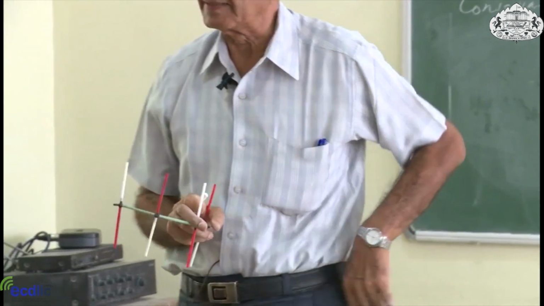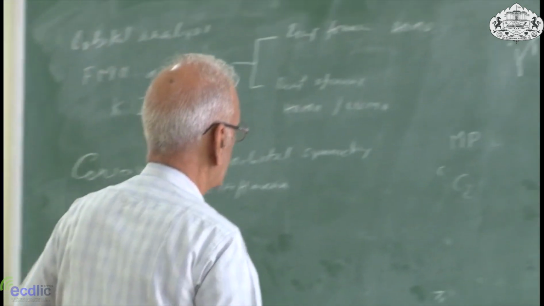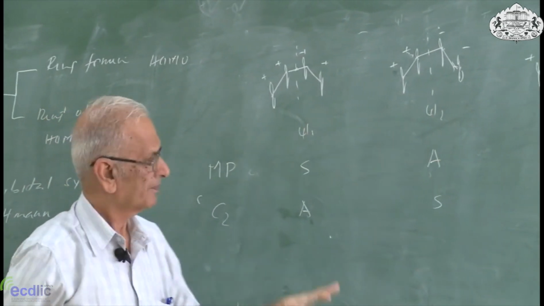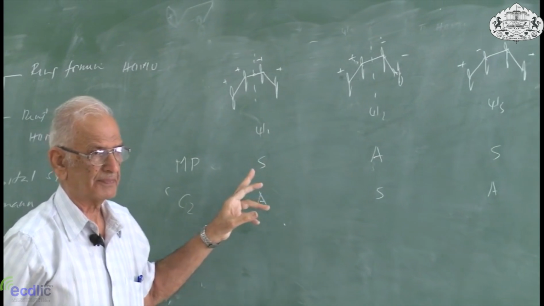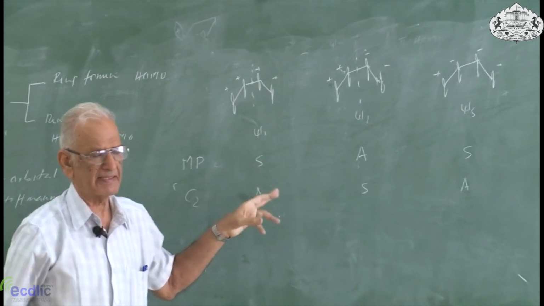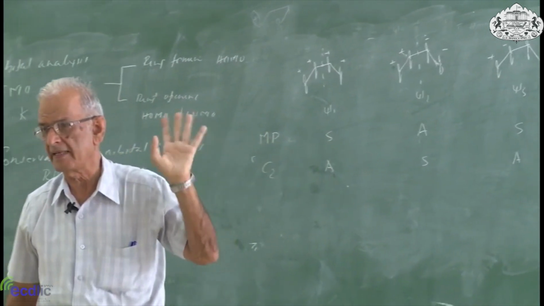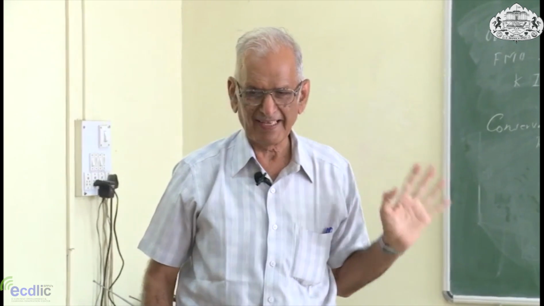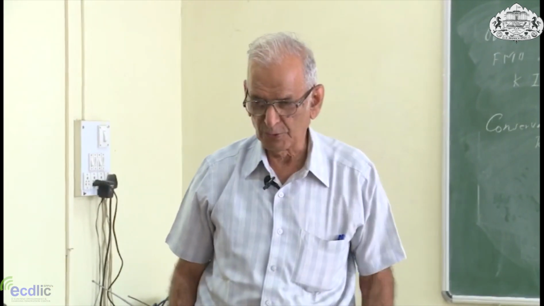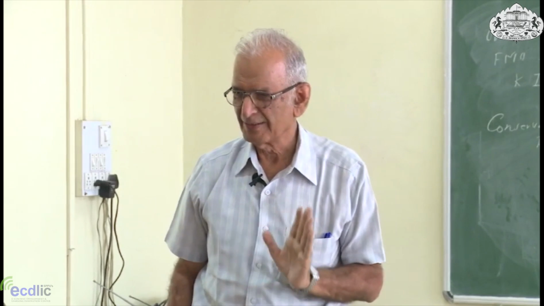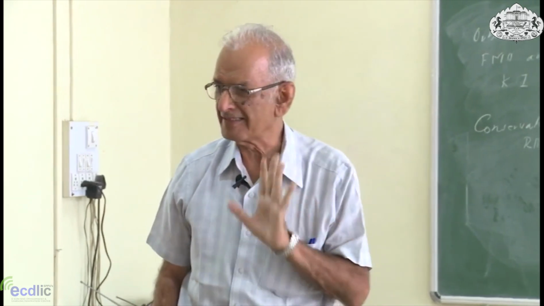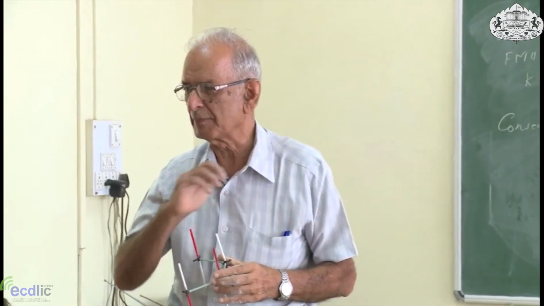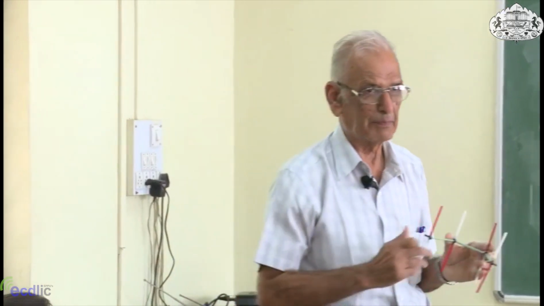In fact, it is very easy. In the open chain conjugated systems, mirror planes start with S: S, A, S, A, S, A, go on writing. For C2, A, S, A, S, A, S. No A, S, S. A, S, A, S or S, A, S, A. So that's very simple. Even without any common sense, you simply write. That's a simple way to do it.